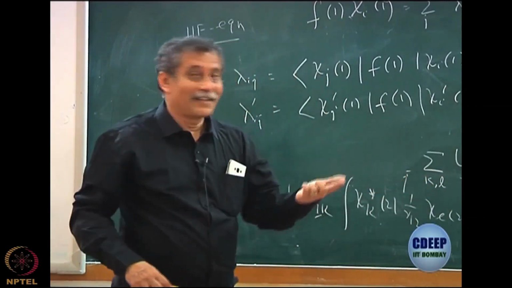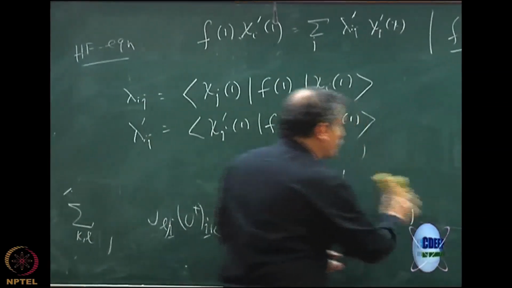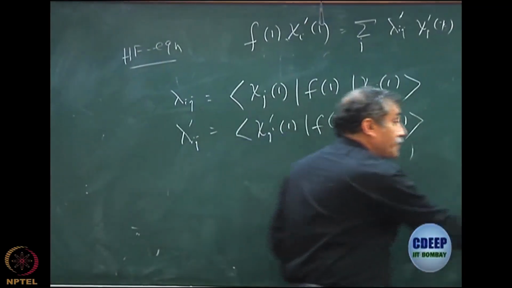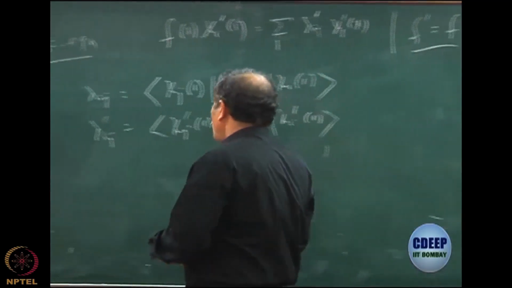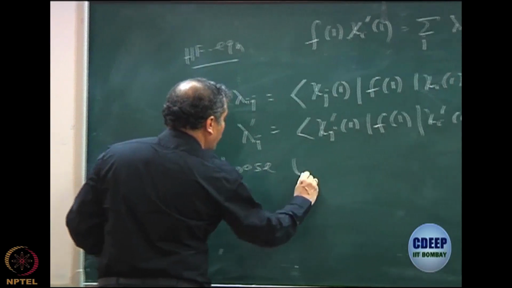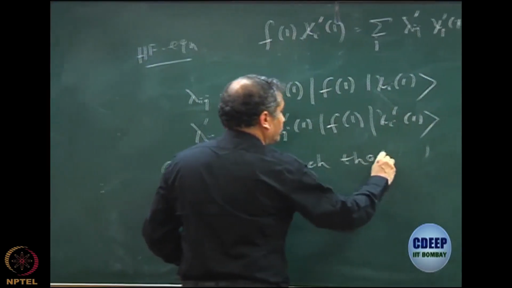Now, you understand immediately? So, without any further ado, I would now say choose a matrix U, because I have several unitary transformations. So, I will say choose U, this is my choice now, such that lambda is diagonal.